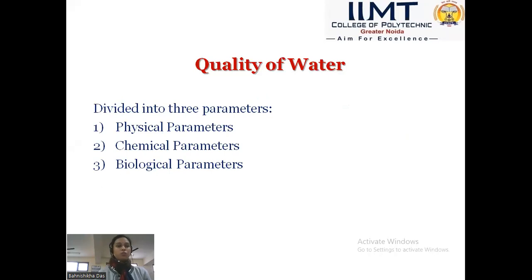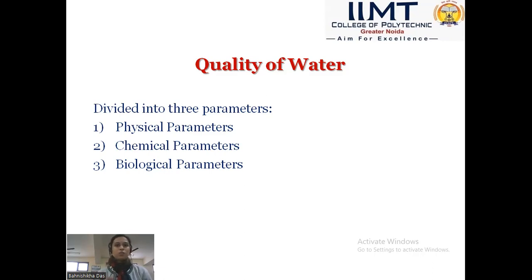So the quality of water is basically divided into three parameters: physical quality parameters, chemical quality parameters, and biological quality parameters. Physical quality parameters are those which can be physically detected by our basic senses, like smell, taste, or by our eyes or ear.